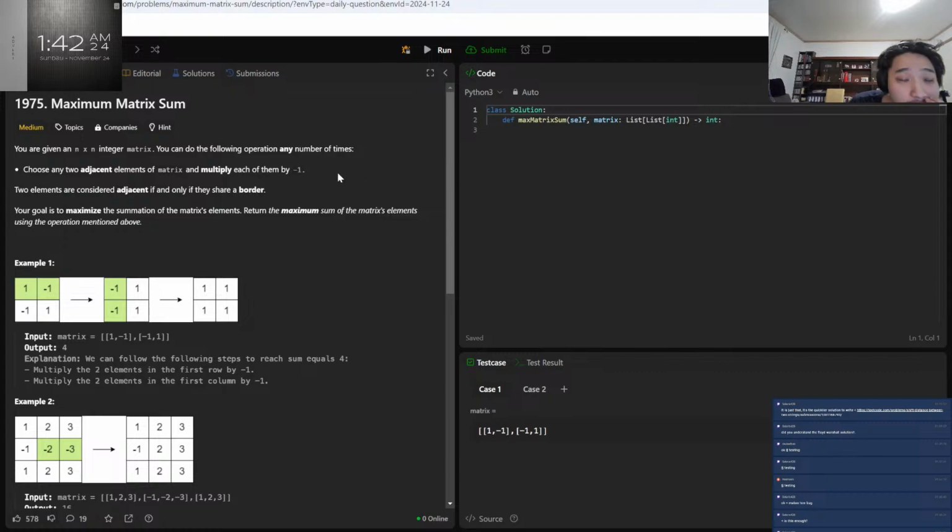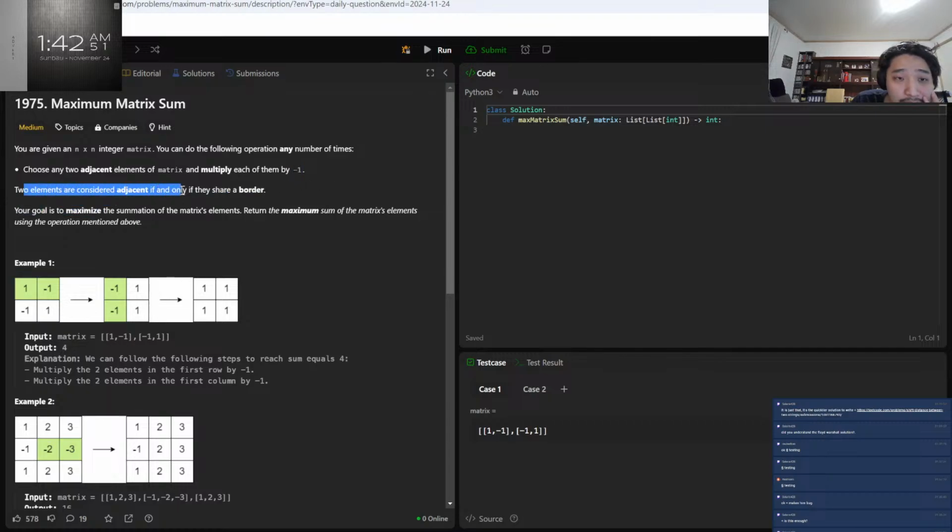Back to this. This is today's problem. You can do the following operation any number of times: choose any adjacent elements of the matrix and multiply each of them by -1. So essentially changing the... okay, then there's a number. Never mind. I was thinking it's basically binary, but it's not.